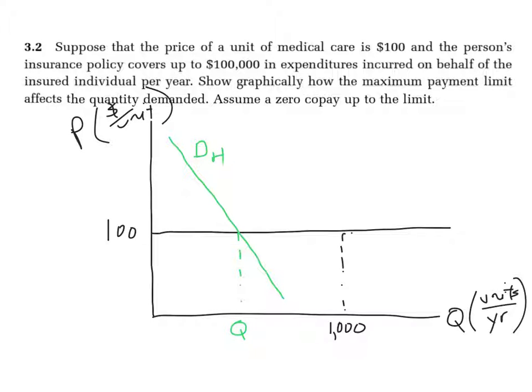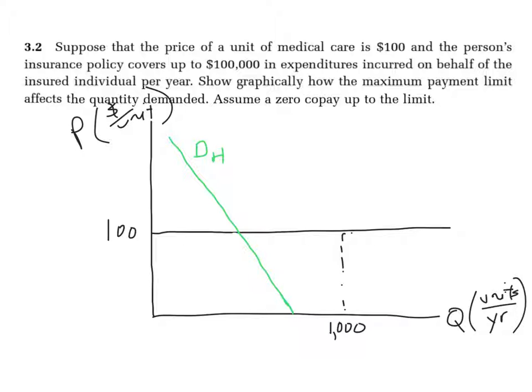I misspoke. That's what talking without thinking does to you. The healthy person has all of their health services covered. There's a zero co-insurance rate, is another way to say that. So this would be the demand of the healthy person.